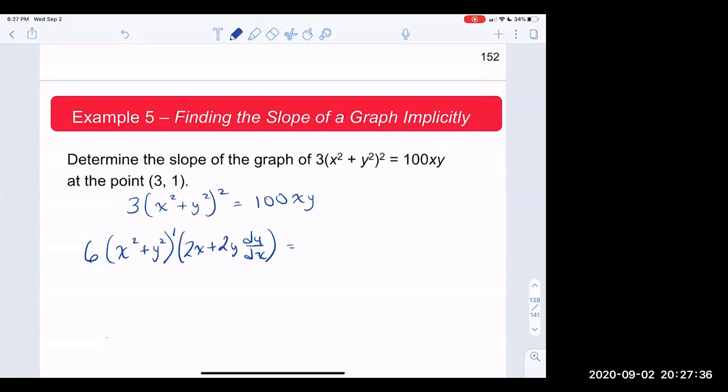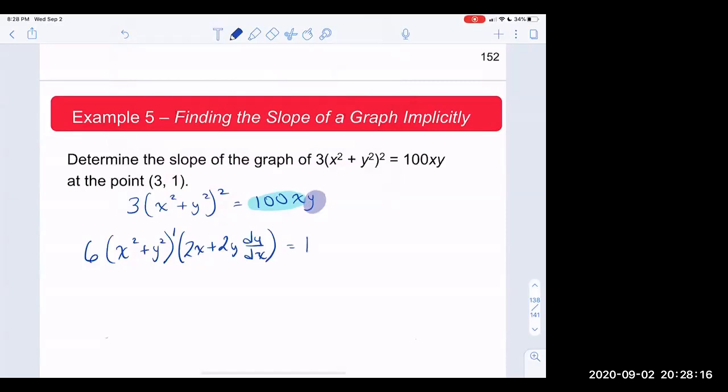Now, the second half of it, the right side, what's the overall structure of it? Oh, 100 times x. So what kind of thing are we going to have to do? Product rule. Very good, because it's a product. See why I teach you to learn to see the structure. So I'm going to look at it as 100x times y. We good with that? What's the derivative of 100x? What's the derivative of y? dy dx.